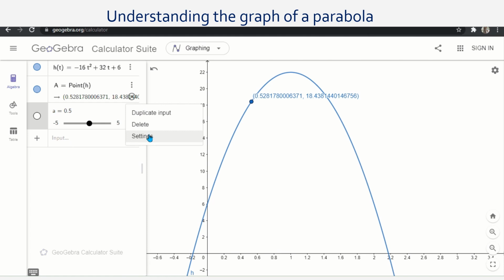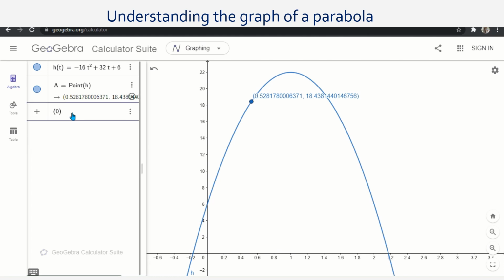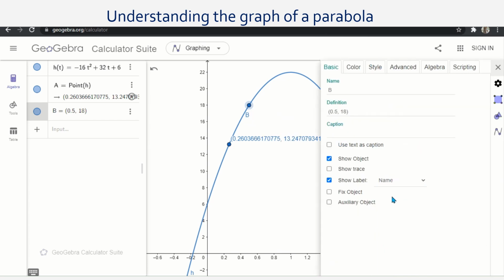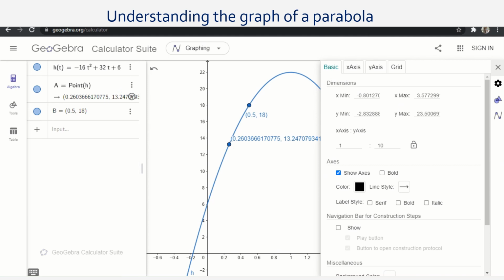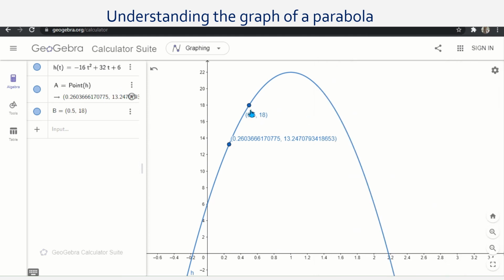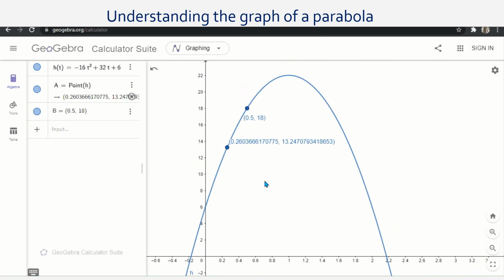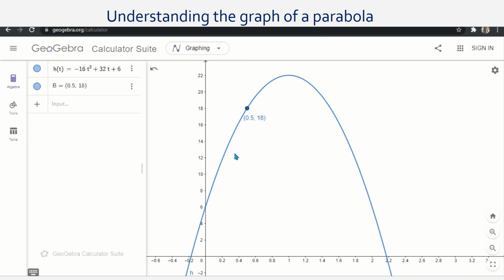Okay, so that must be 0.5 and then the y coordinate is 18. So yun siya. Itong letter B nag-represent. So pag ipakita natin ang coordinates niyan, value, ayan siya, 0.5, 18. Kitang-kita mo na nakalinya siya sa 0.5 x. Okay, so naka-fix yan.